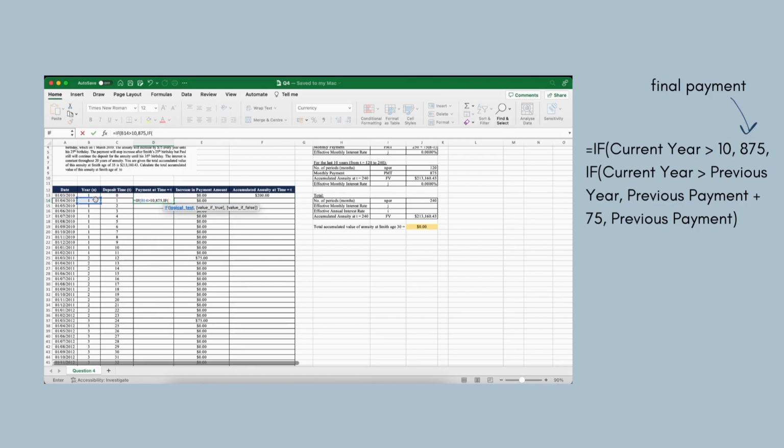And if the current year is more than the previous year, then the previous payment will increase by 75, or else it will stay the same.